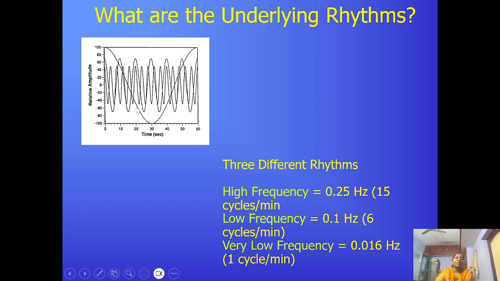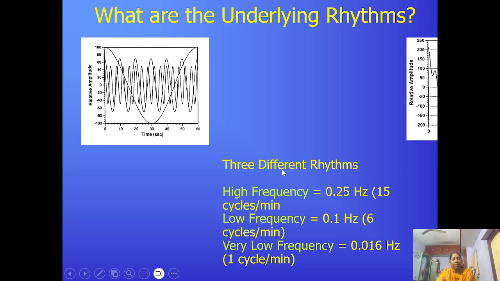For the low frequency signal, when you count it, it is 6 only: 1, 2, 3, 4, 5, 6. So again 1 by 6, one cycle, is 0.1 Hertz. And for the very low frequency, only one cycle is there, so it is 0.016 Hertz. In this way we can differentiate the three different rhythms.